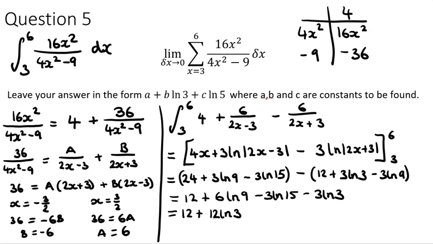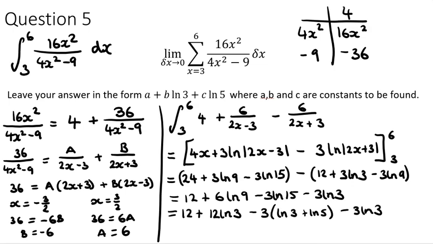So I'm trying to just get them all in terms of 3s and 5s here, in terms of your natural logs. Now, natural log of 15, what I can notice is that 15 is 3 times 5. So I can rewrite it as natural log of 3 plus natural log of 5. Using my first law of logs, log A plus log B is log AB, but just using that in reverse.